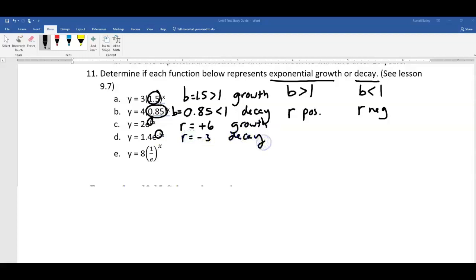The last one's kind of tricky. It's written in a base of e, but it's written kind of weird. The r value looks like it's 1, but there's a few ways you guys could think of this. First of all, you could rewrite it like this. You could change it to just e with a negative exponent, in which case you can see that your r value is negative.